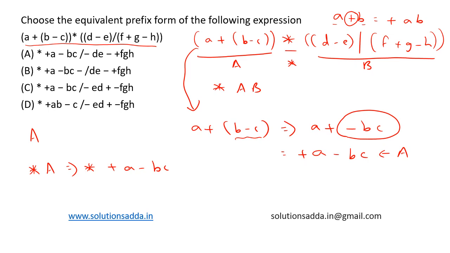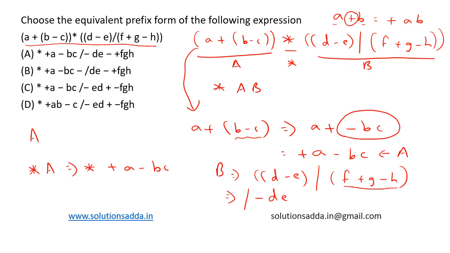Now the prefix for B is what? We have D minus E divided by F plus G minus H. So we can write it as divided by, first, minus DE. Now in this expression, plus and minus have the same precedence, so we follow the associativity rule. So let's write it here.